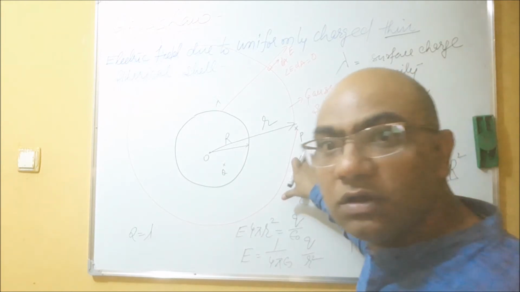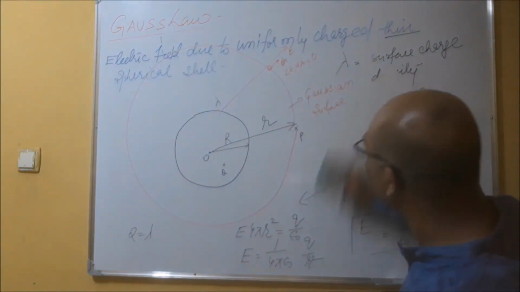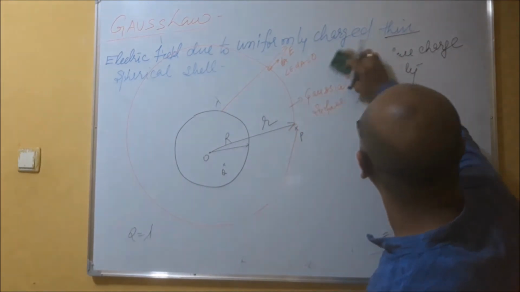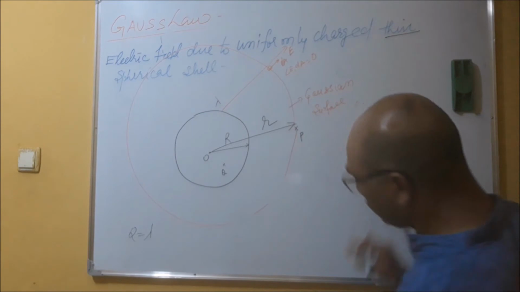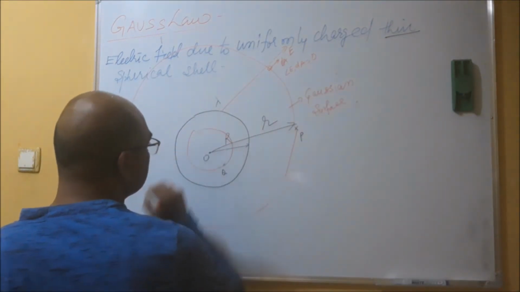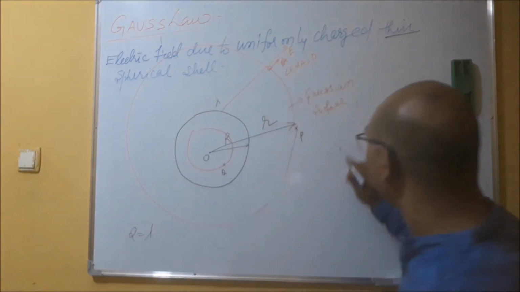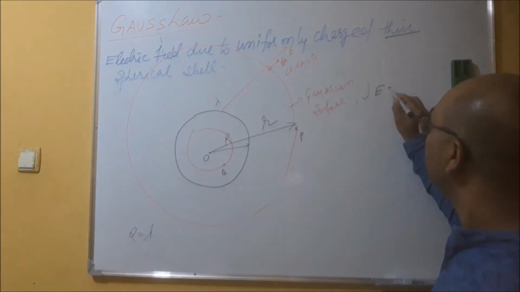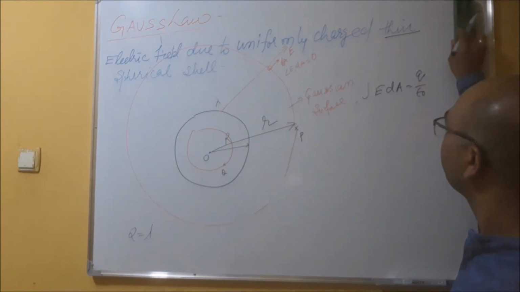Now we will talk about Q. At this Q, what will happen? If I am taking Q as a Gaussian surface, here E dot dA is q upon epsilon naught.